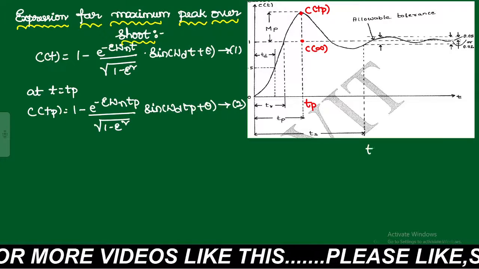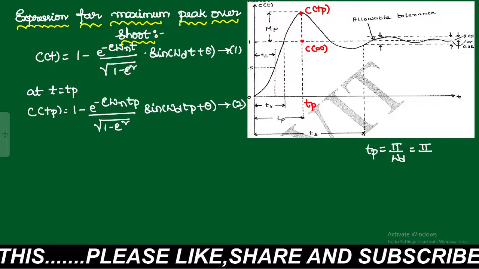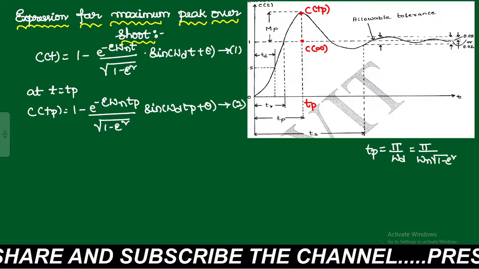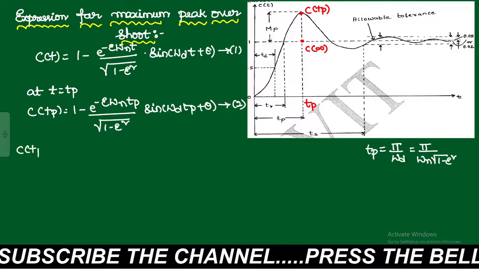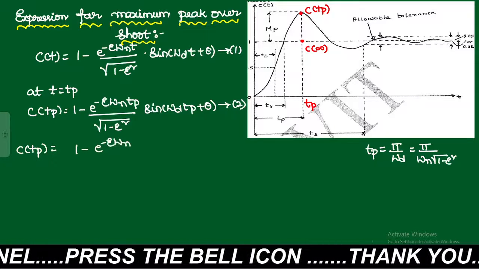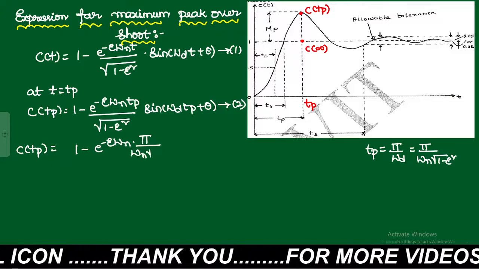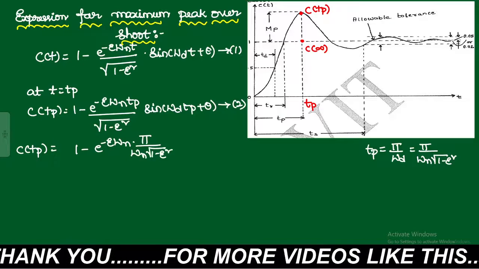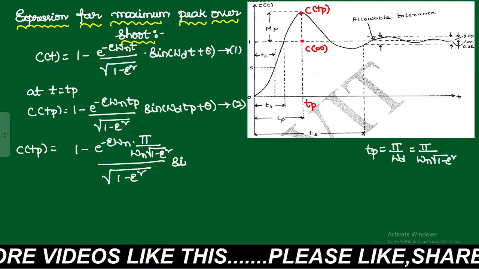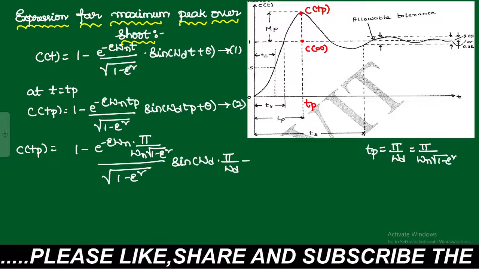You already know the peak time formula: that will be pi by omega d, which we can also write as pi by omega n into under root of 1 minus zeta square. Let us substitute that tp in equation 2. 1 minus e to the power of minus zeta omega n, tp value written as pi by omega n into under root of 1 minus zeta square, divided by under root of 1 minus zeta square into sine of omega d tp, with tp as pi by omega d, plus theta.